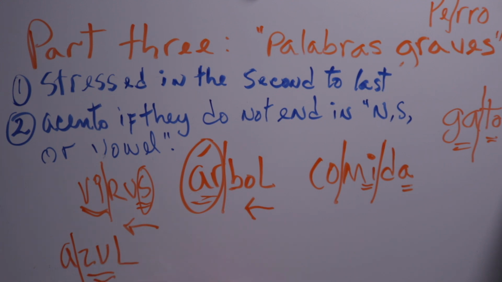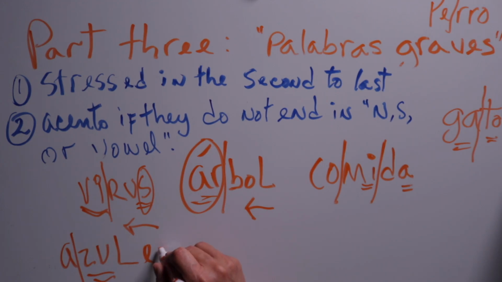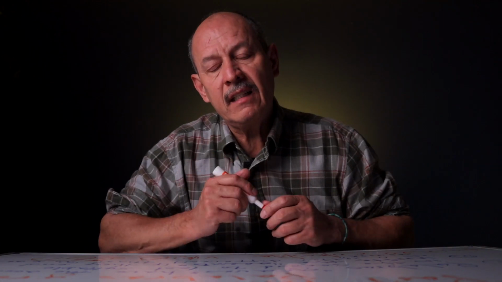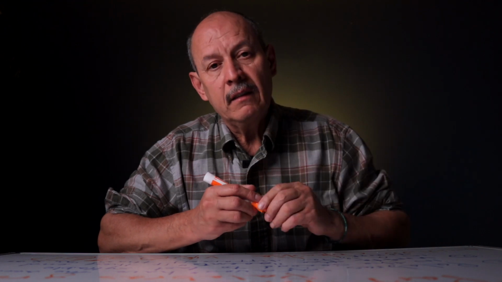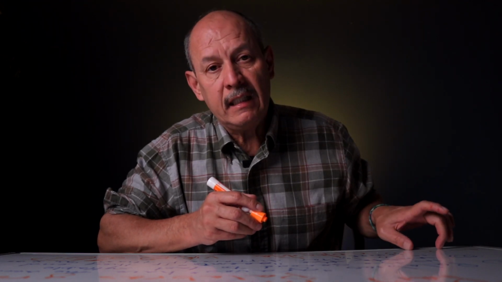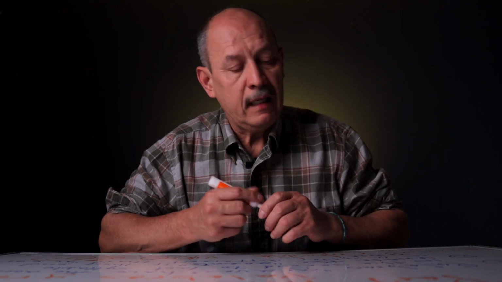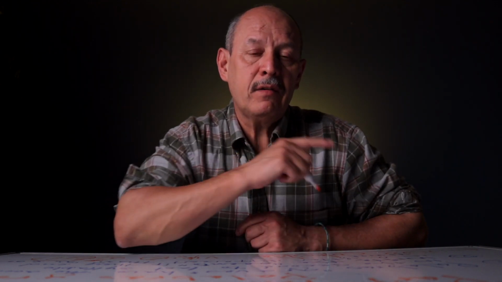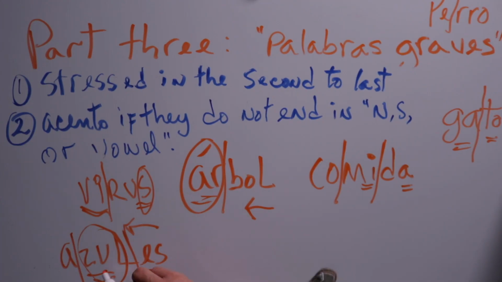But what about if I make azul plural? Azules. I am adding an extra syllable once I make it plural. But the stressed syllable still is ul. So the acento will remain there, and now that word becomes grave. But I cannot write down the acento either because the ending is an S.